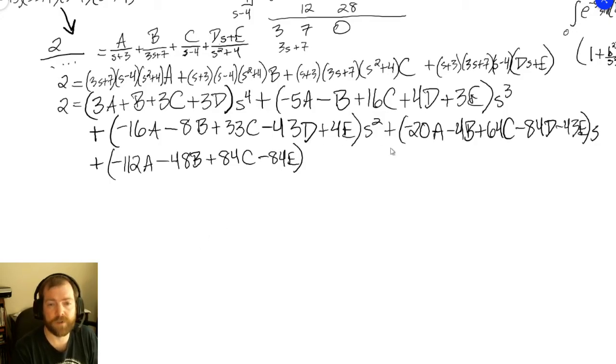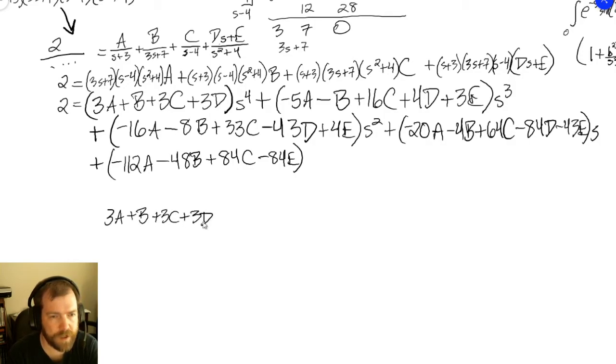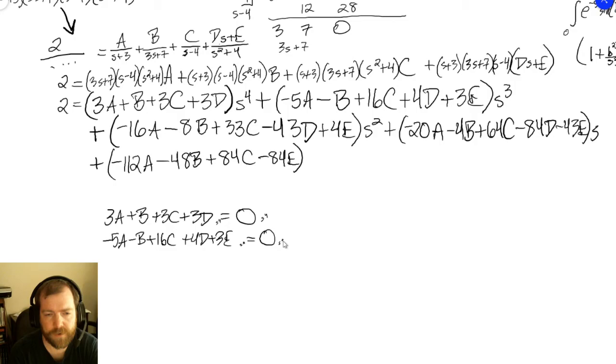Alright, so now this is a 5 by 5 system of equations. Again, 3a plus b plus 3c plus 3d must be equal to 0 because we don't have any s to the fourths on the other side of this equation. Similarly, negative 5a minus b plus 16c plus 4d plus 3e is s to the third, which is equal to 0.